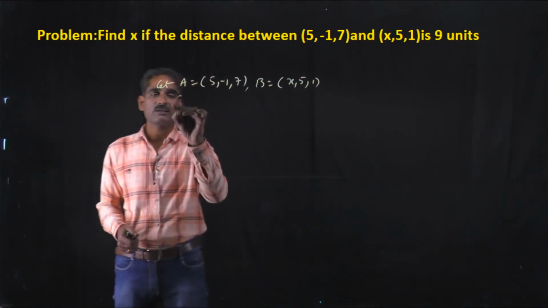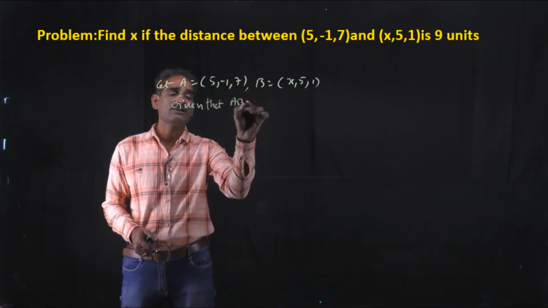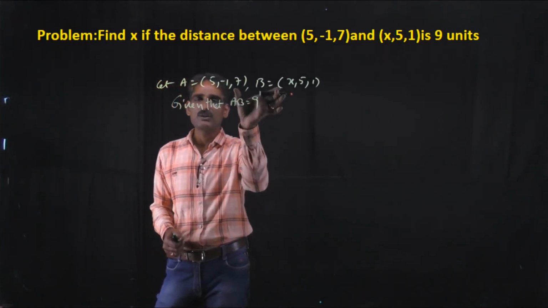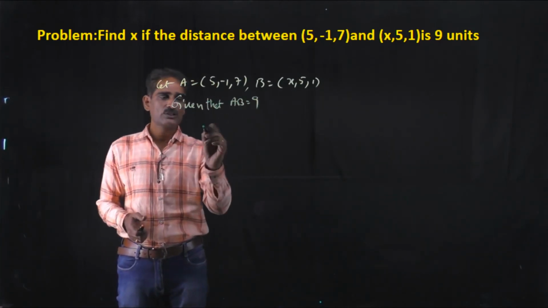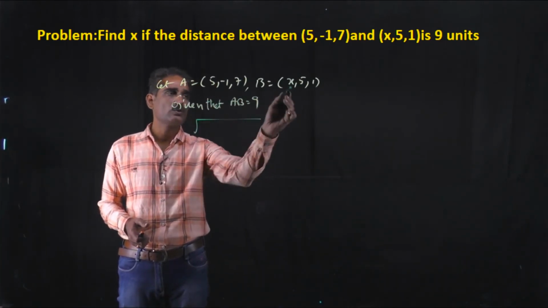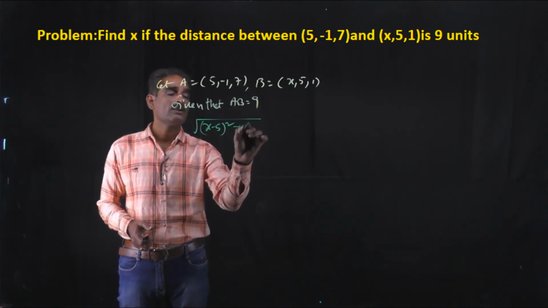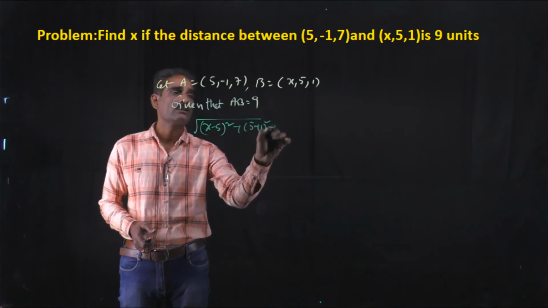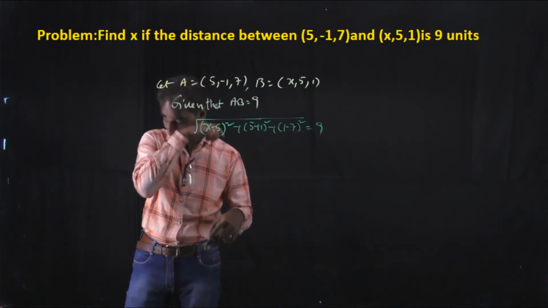So given that the distance between A and B is equal to 9 units, we find the distance between them and equate it to 9, then we will get the x value. Okay, so the distance between the 2 points A and B is equal to the square root of (x2 minus x1) whole square plus (y2 minus y1) whole square plus (z2 minus z1) whole square, which is equal to 9.